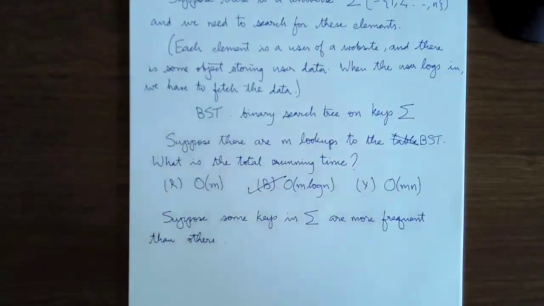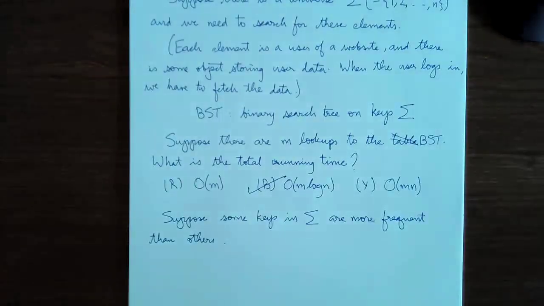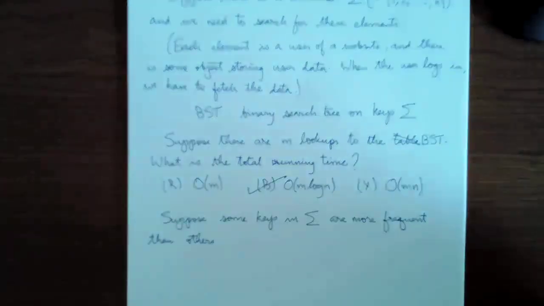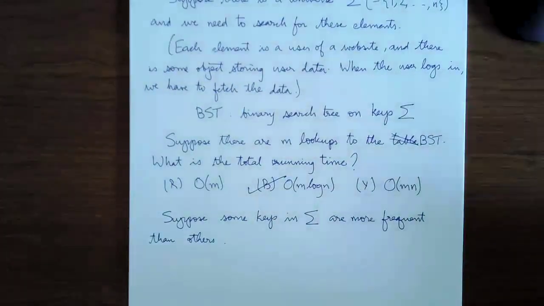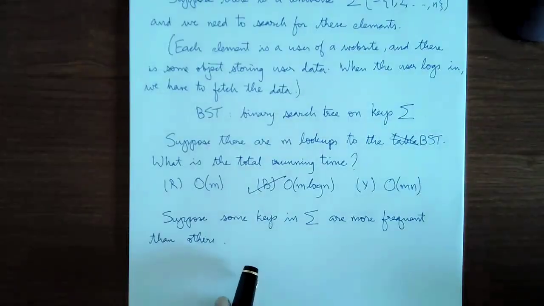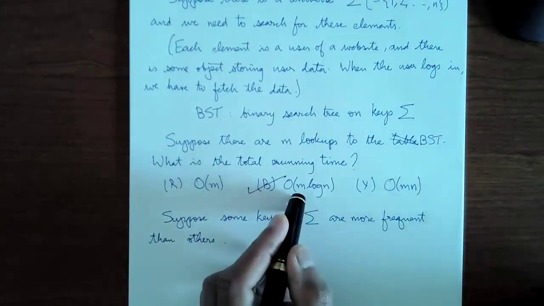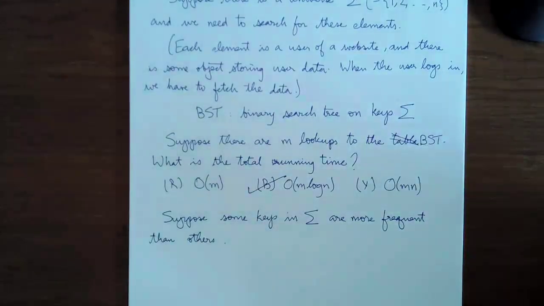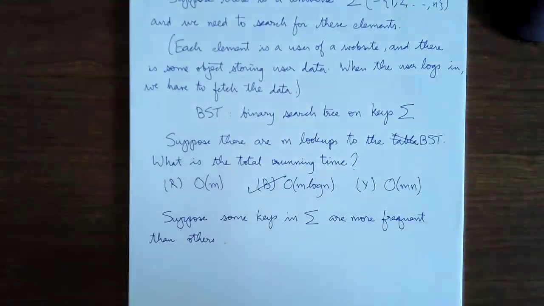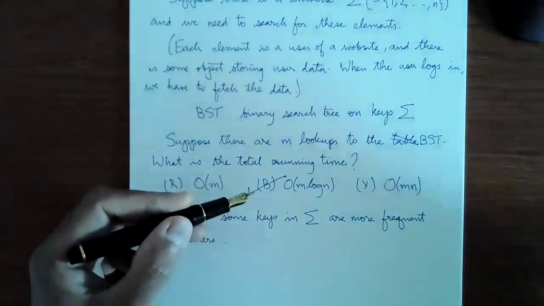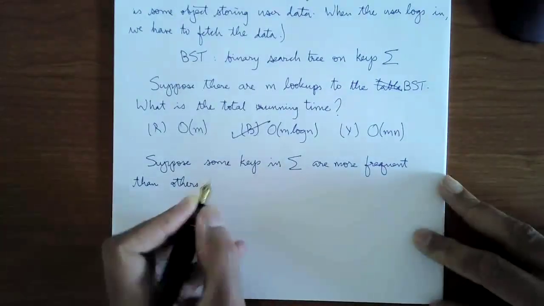Some users only log in once a month, and some maybe only log in once a year. And somehow it feels like you should be able to do better, because you should search more quickly for the few users who are frequent and spend more time on the users who are less frequent.